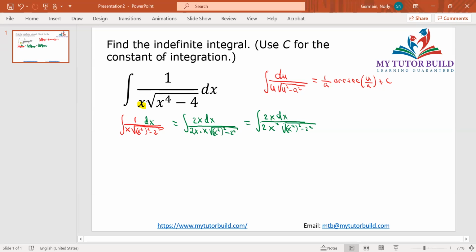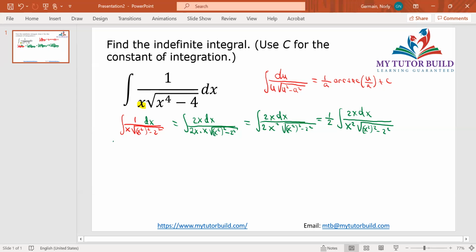Now you see I can bring that constant outside. So the 1/2, I'm going to bring out and keep 2x dx on the top. The reason I keep 2x dx is because I know that when I set u equal x squared, it gives me 2x dx for the derivative.